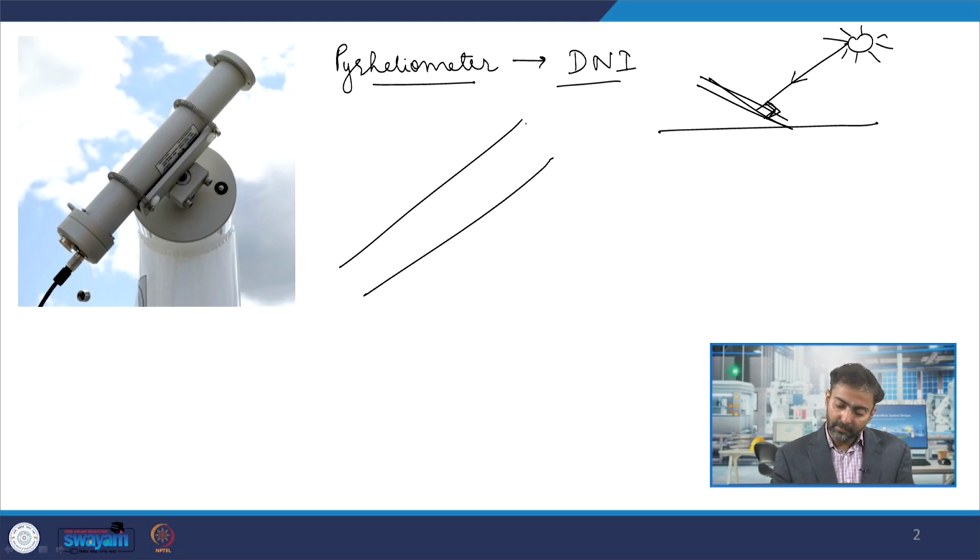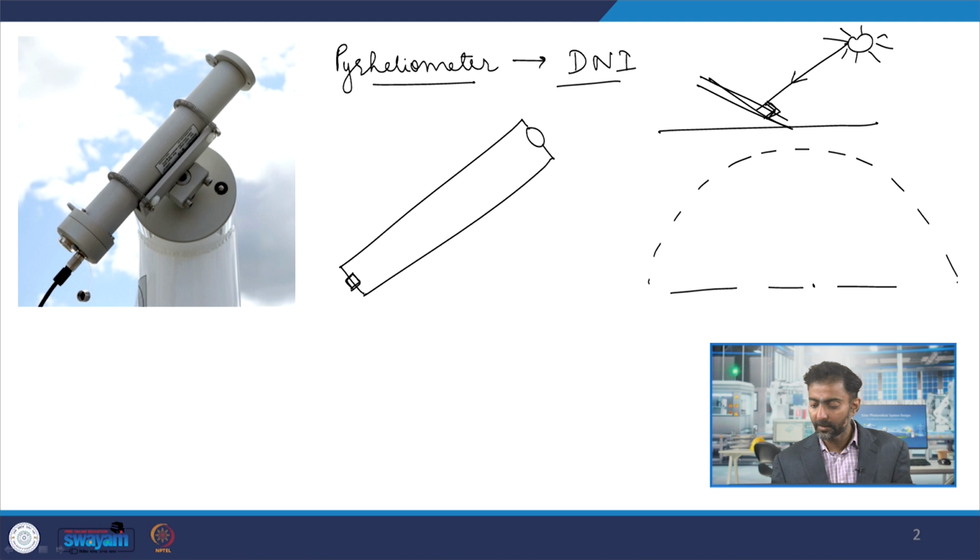So what we have is that at the base of this tube you have the sensor which senses the radiation, and at the top you have a particular aperture here through which the radiation is allowed to go inside the tube. And this aperture, let us say if you look at the entire sky hemisphere, so this is the entire sky hemisphere, and this is, as we understand, this is 180-degree field of view.